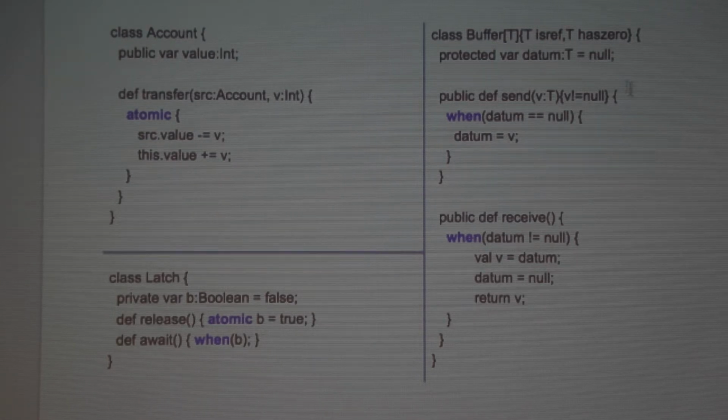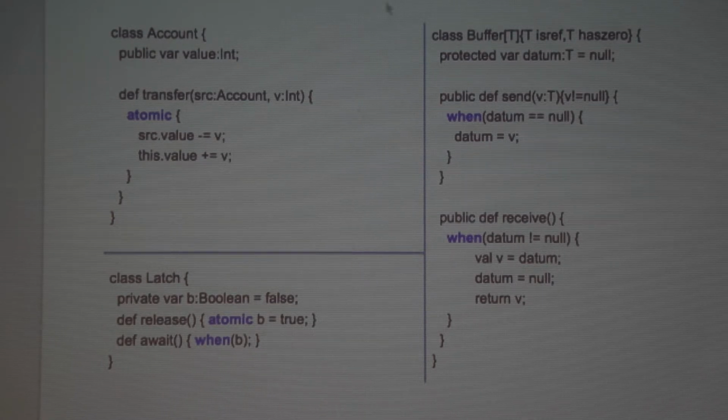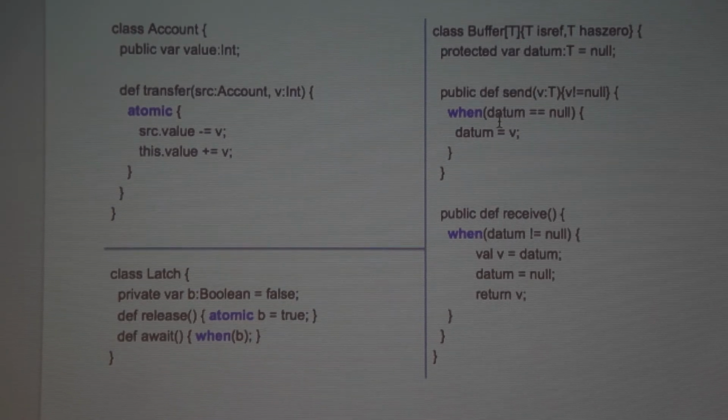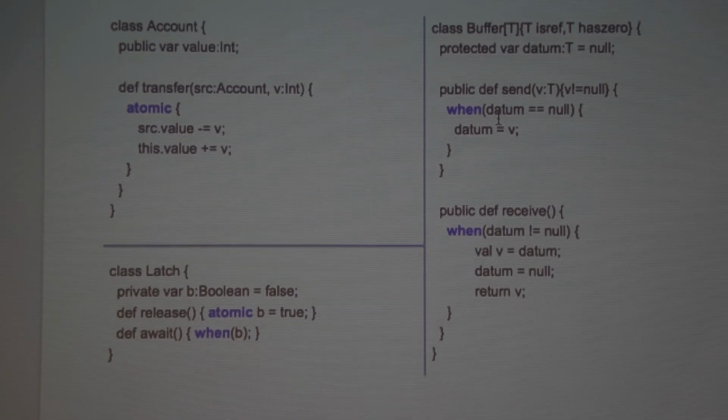You can do that because it's an isref. You check that the value that you're sending is not a null. That's a method restriction. When there is no value here, then you put in this value, and the receiver suspends until there's a non-null value, produces it, and sets it, and keeps going. So that's a pretty conventional idiom for doing this.